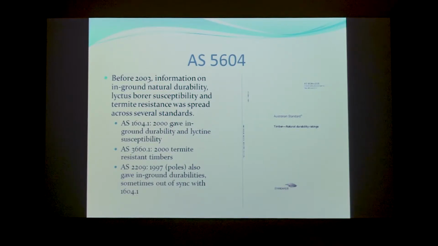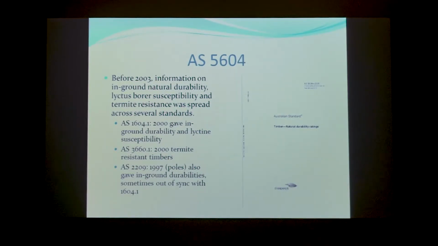Before 2003, all the information on natural durability was spread across several standards in Australia. So the main wood preservation standard, 1604, had some Lyctus sapwood resistance information there, and also in-ground durability.